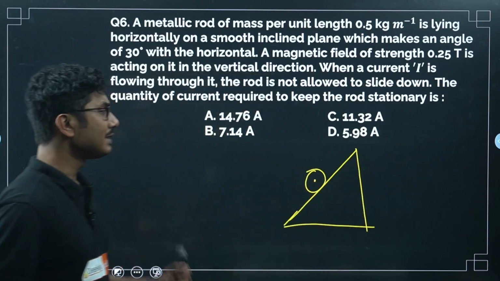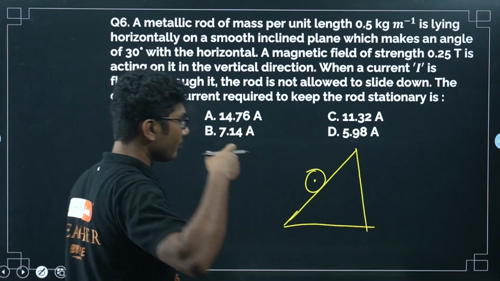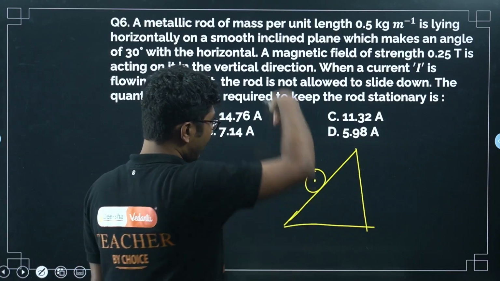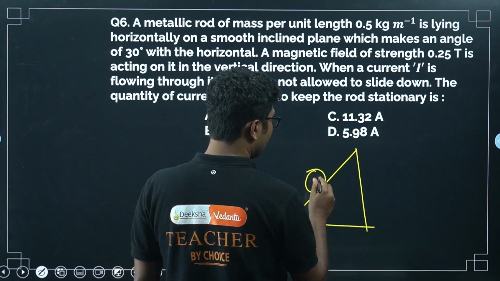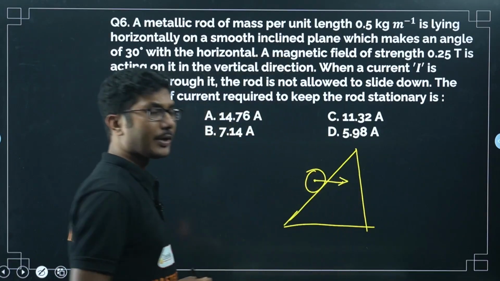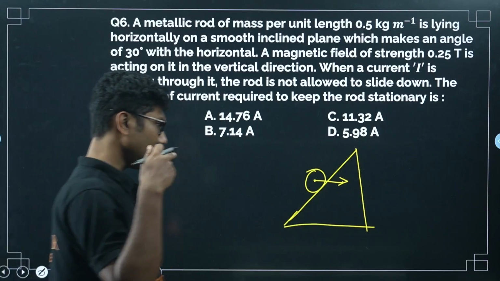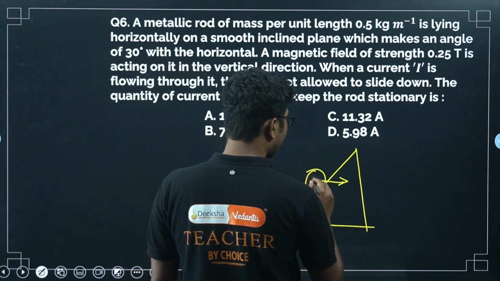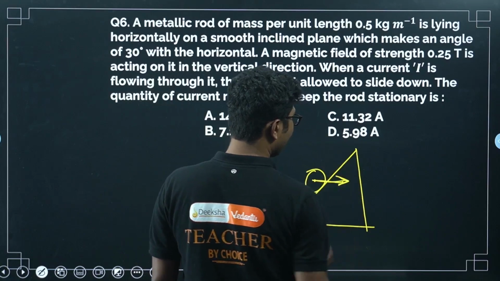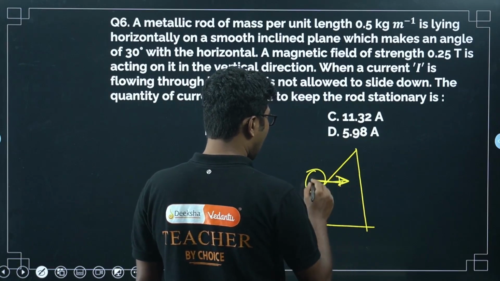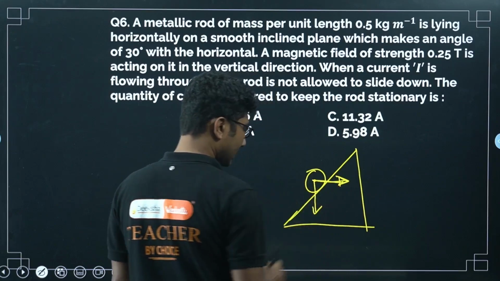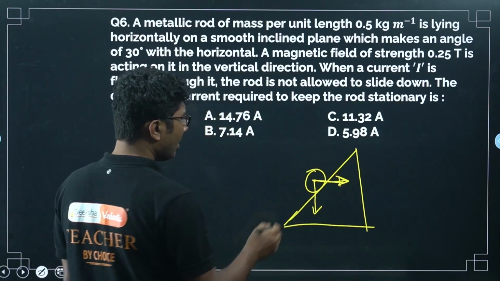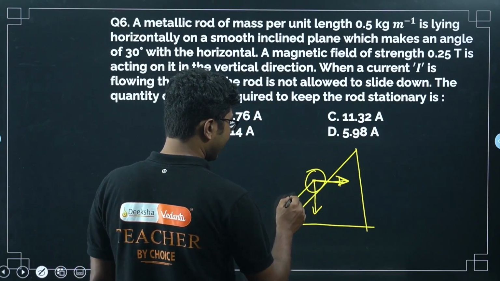Now when the rod is lying like this and the current is flowing into the paper and the magnetic field is downward, the magnetic force will be perpendicular to both of them, the direction of current as well as the magnetic field. So the magnetic force will be acting in this direction and the weight of the wire will be in this direction. Now there should be a component of the weight.